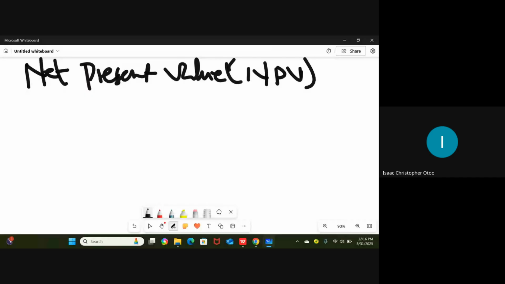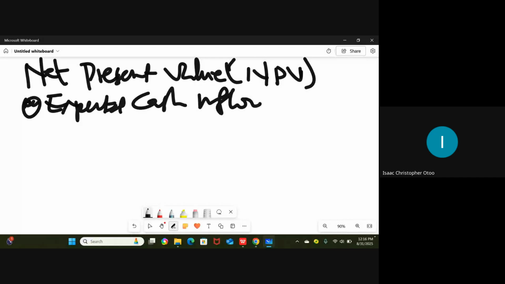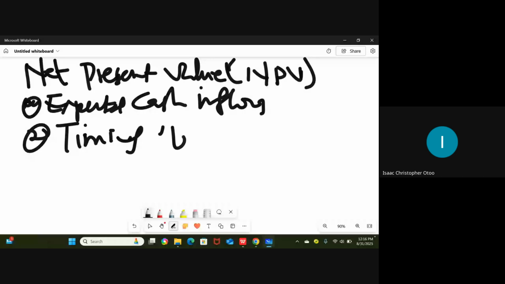With the NPV, first we expect to have the expected cash inflows, and two, the timing of the investment.